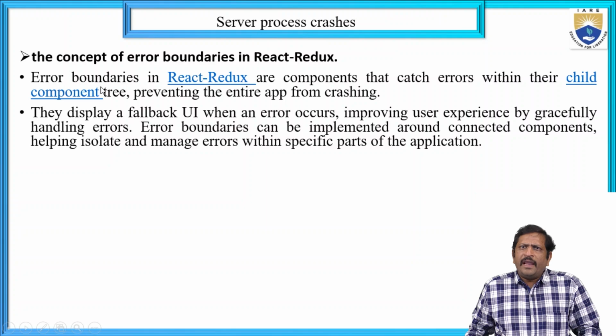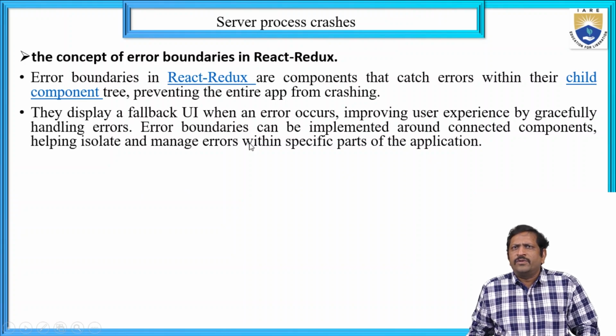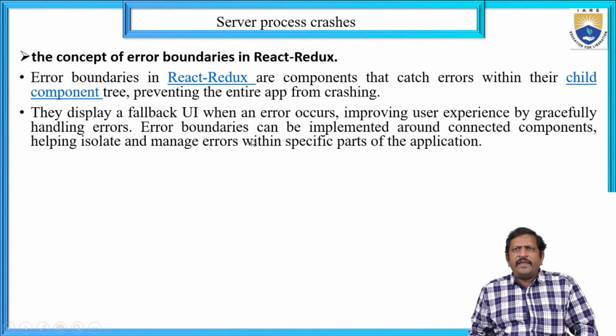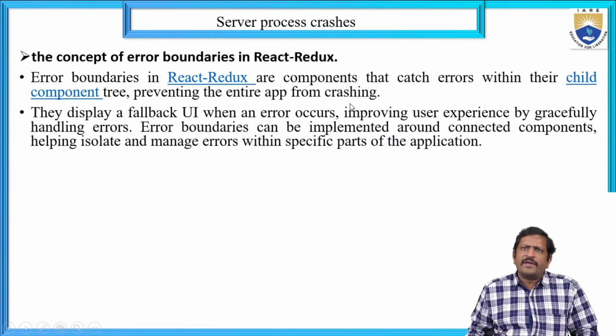Error boundaries in React Redux are components that catch errors within their child component tree, meaning within the client component tree. These client component trees prevent the entire application from crashes or failure, server crashes or server failure.